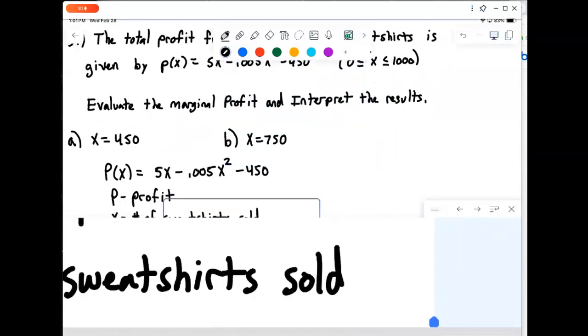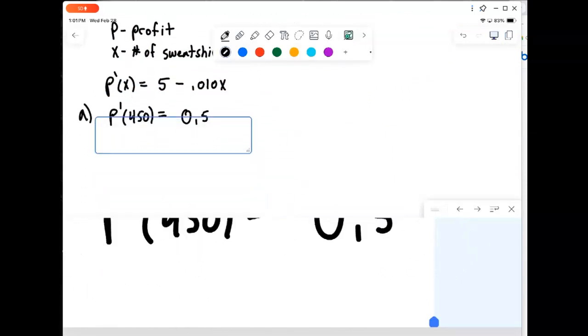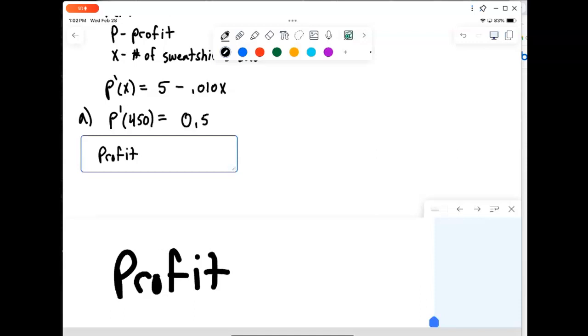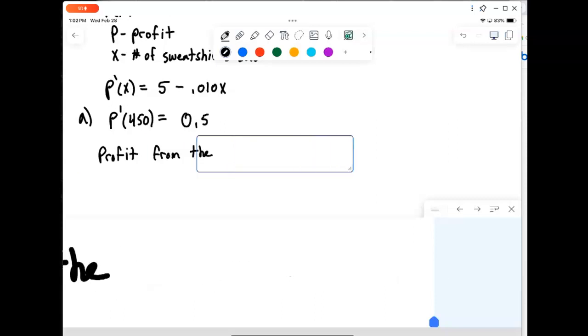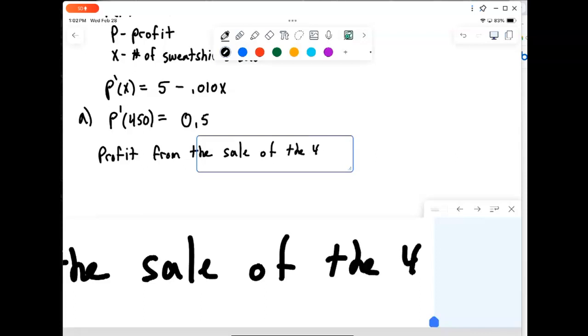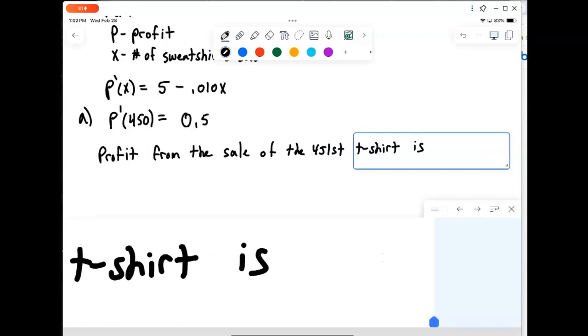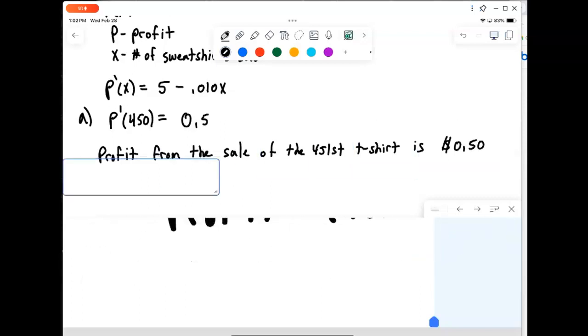So here we're selling t-shirts, right? And so here we would say that the profit from the sale of the 451st t-shirt is, and since profit was in terms of dollars, 50 cents.